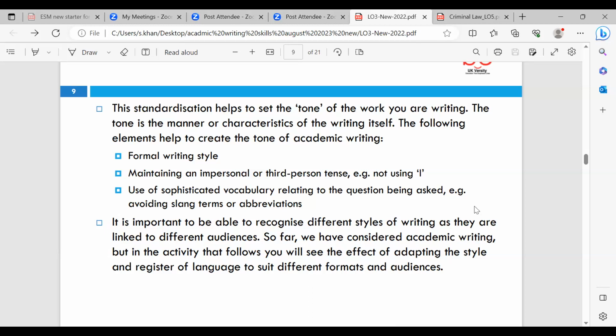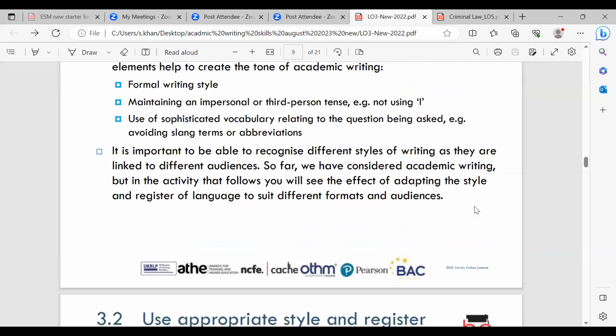Avoid using slang terms, jargon or abbreviations. It is important to be able to recognize different styles of writing as they are linked to different audiences. So far, we have considered academic writing, but in the activity that follows, you will see the effect of adapting the style and register of language to suit different formats and audiences.